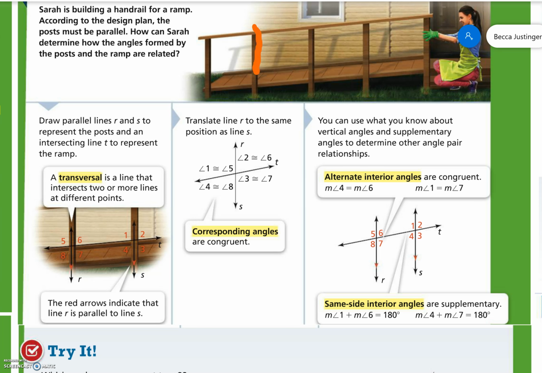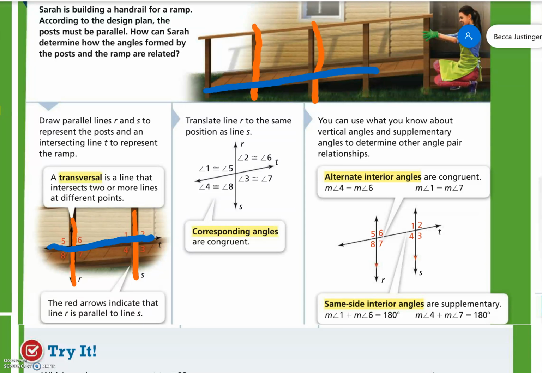So this would be R and S, but they did it down here for you, R and S. And then T is the ramp. The red arrows indicate that the line R is parallel to the line S.